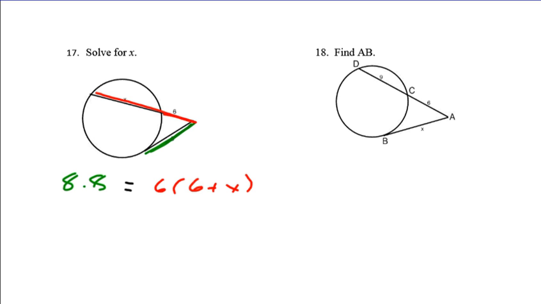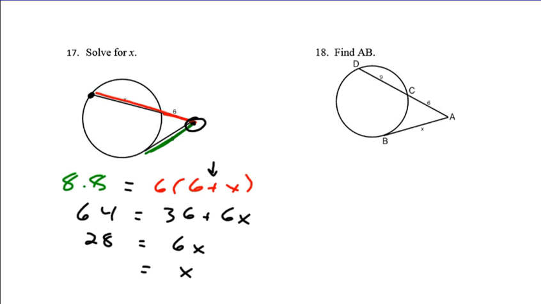Here, when it's outside the circle, you do need to make sure that you add all the way through from the intersection to the other side of the circle, which is why there is this addition sign right here. If I did that correctly, that would be 14/3.